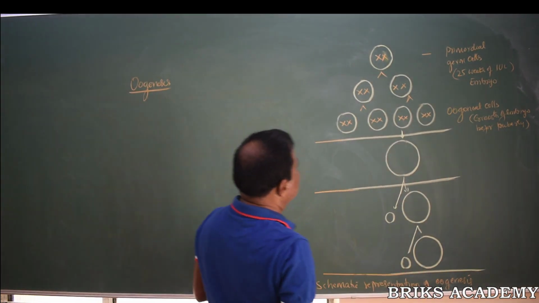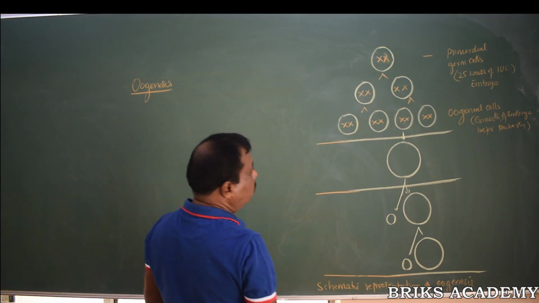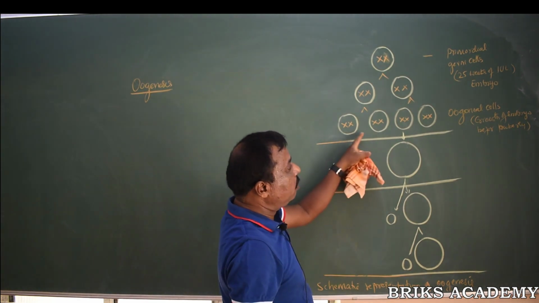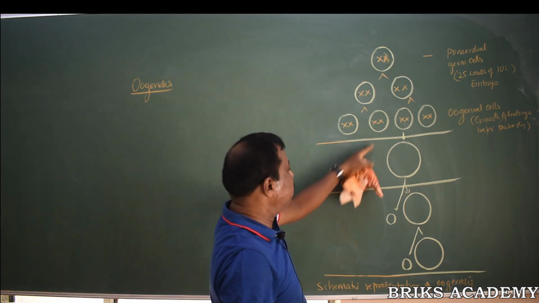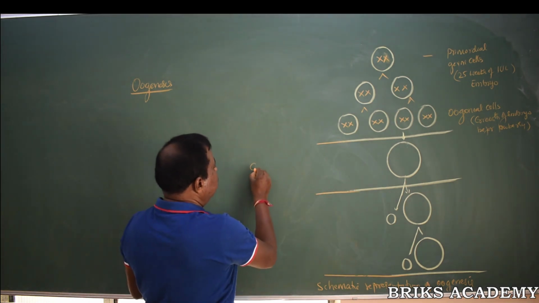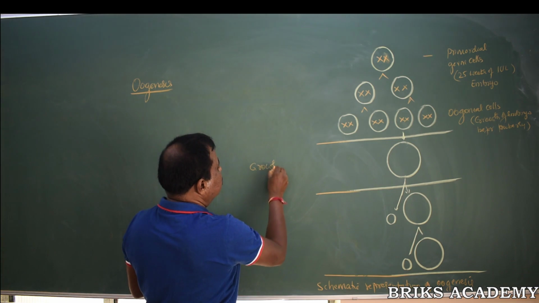So this constitutes multiplication. After attaining a large number, multiplication stops and enters into the growth phase.